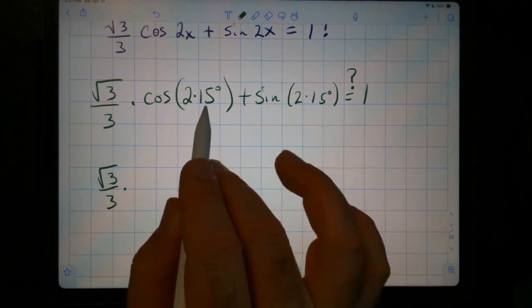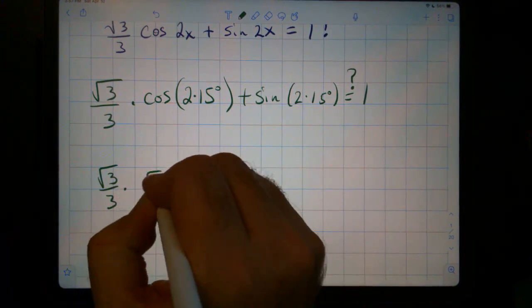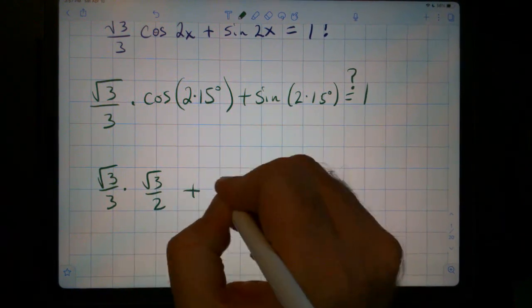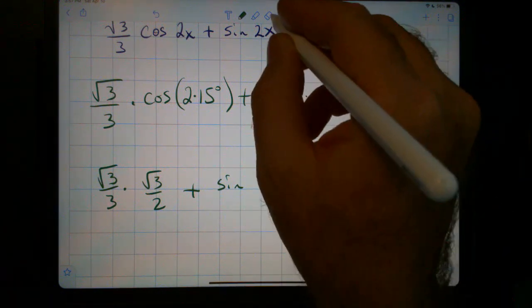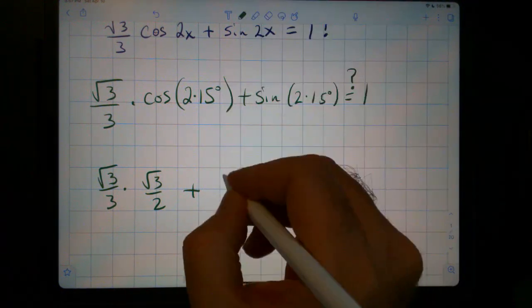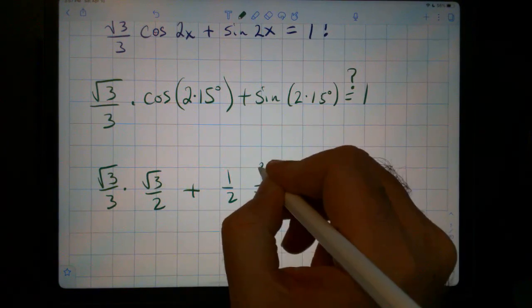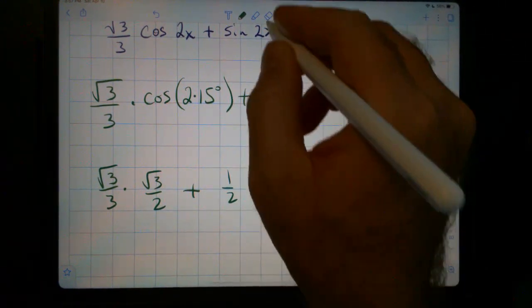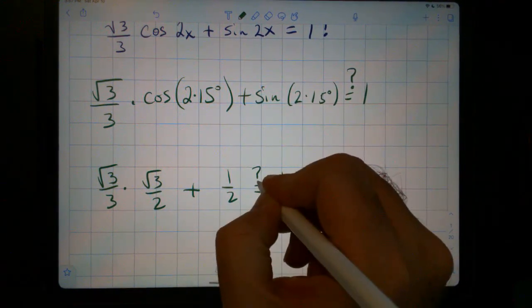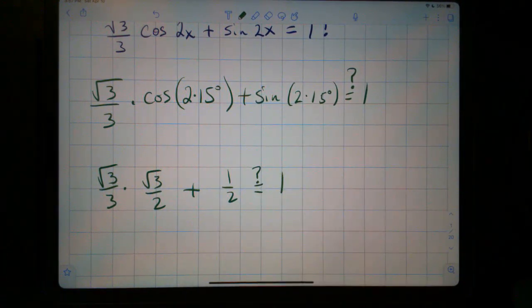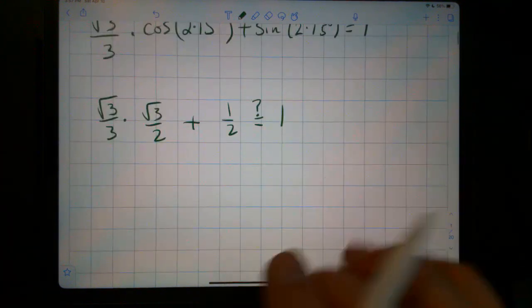Cosine of 30 degrees is going to be radical 3 over 2. Sine of 30 degrees is going to be 1/2. Well, we can multiply both sides by 6.